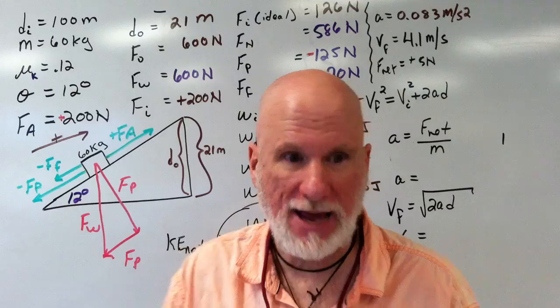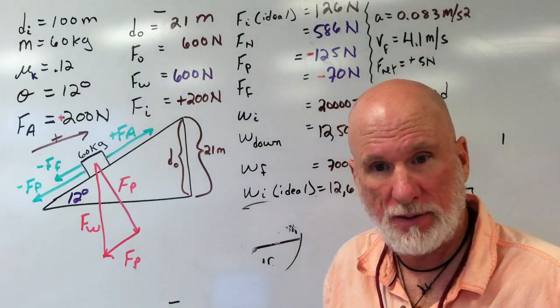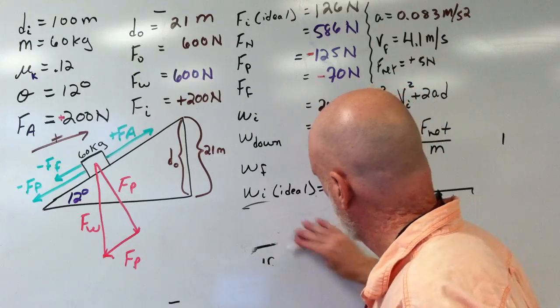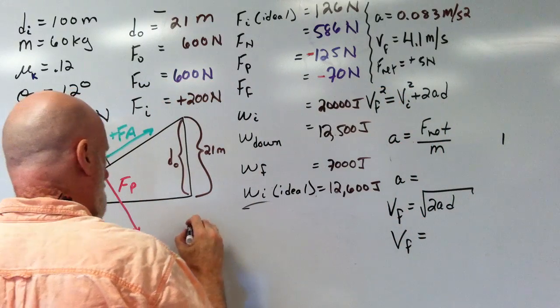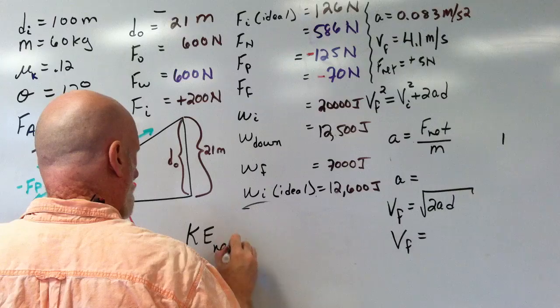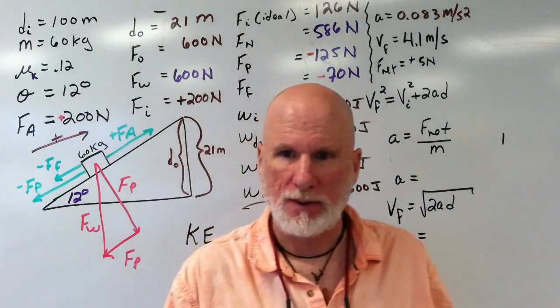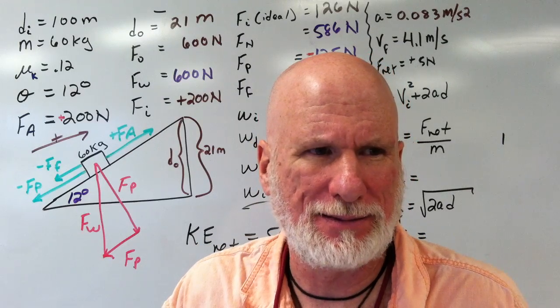So 500. Isn't it 500? Yes. So the kinetic energy, we'll call it net, equals 500 joules, right? Correct? Now, how do you get the velocity from the net kinetic energy?